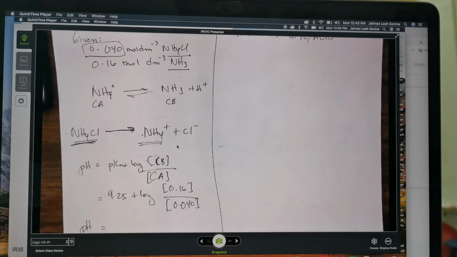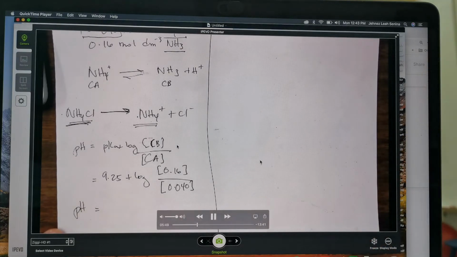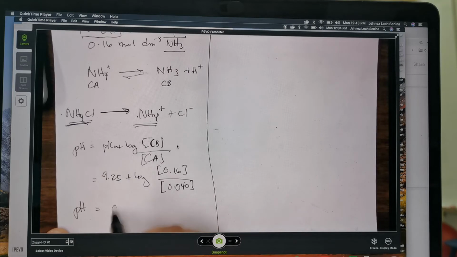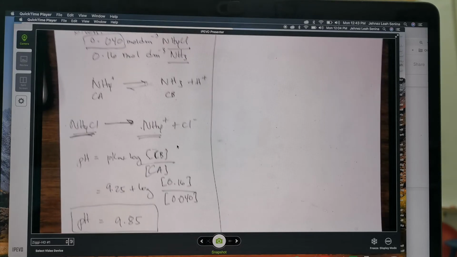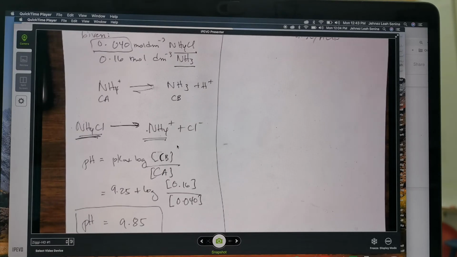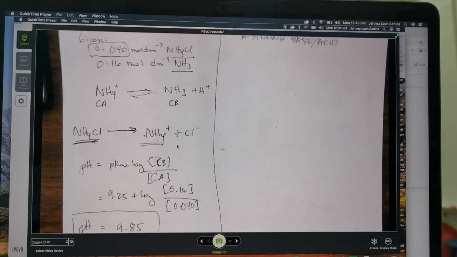Okay, so the pH of this buffer that you're making is about 9.85. So please verify that with your calculator, right? So that's the first type of problem that you need to solve for buffers.